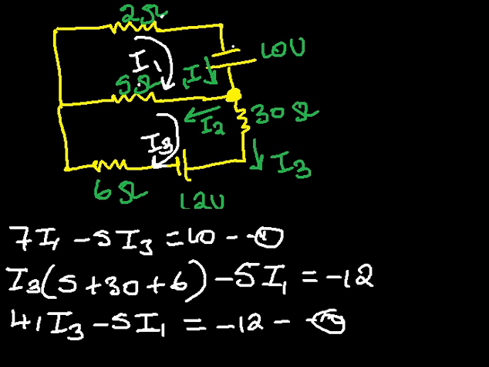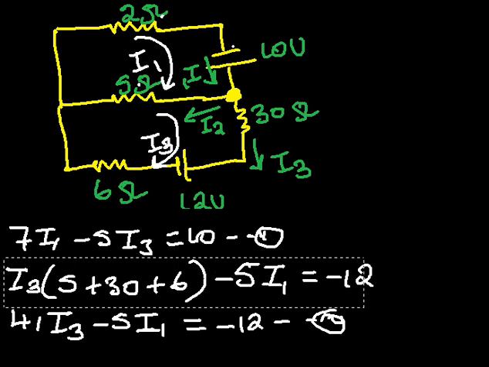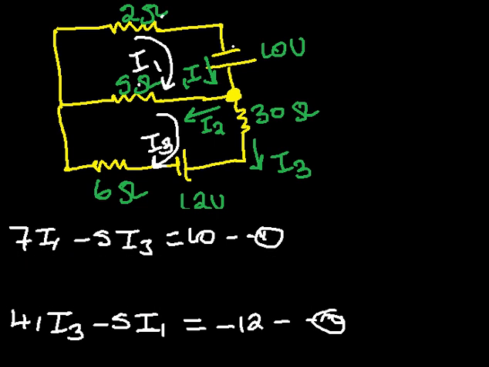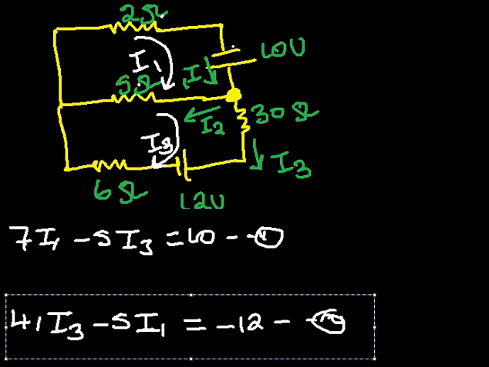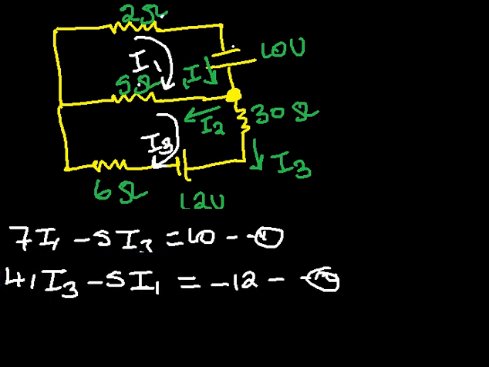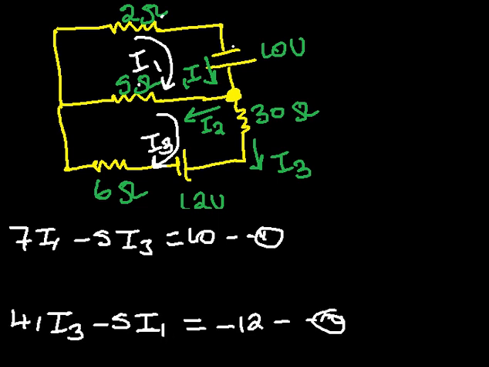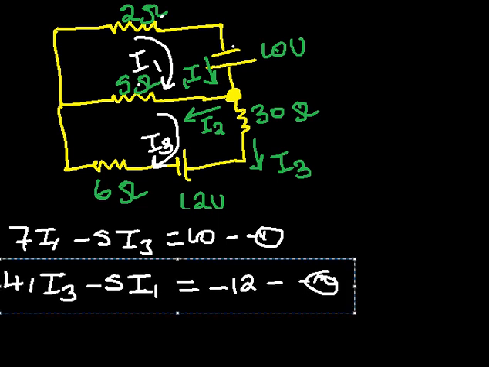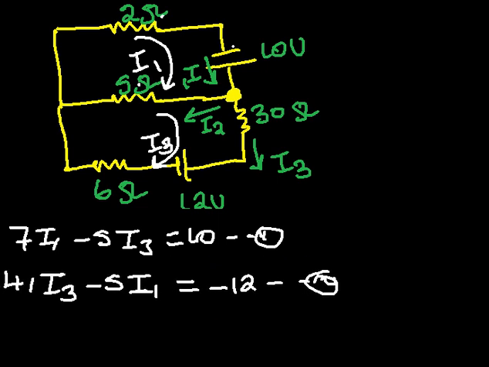Now you can see that we have two common unknown variables for each equation. We are going to solve for I1 as well as I3 using the simultaneous equations. And of course, what is the other equation you have to understand? This one is the voltage law, and this one is also the voltage law.